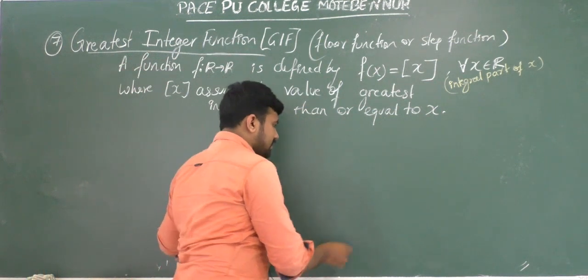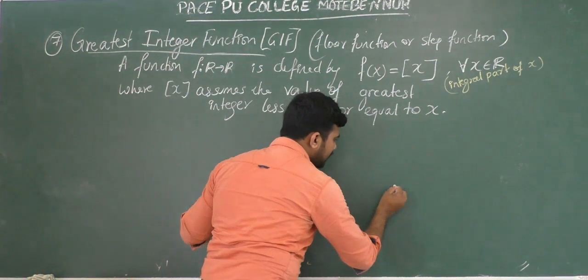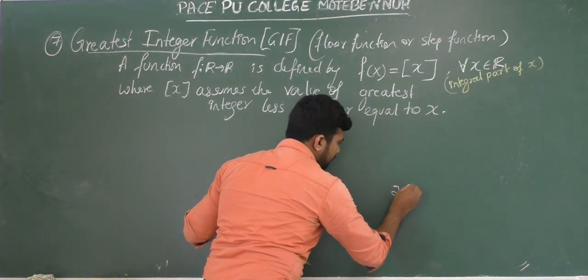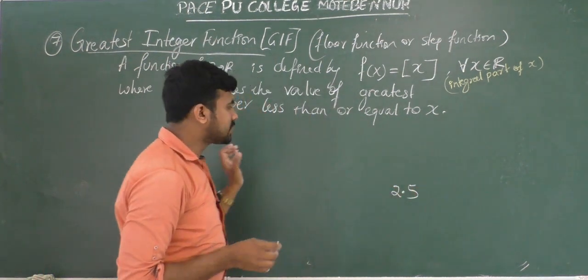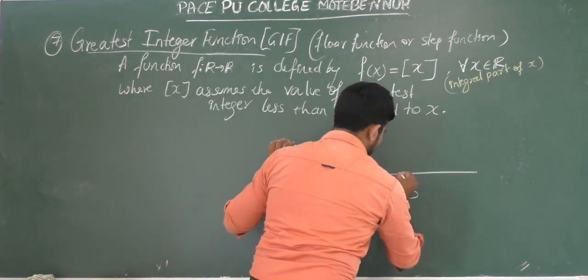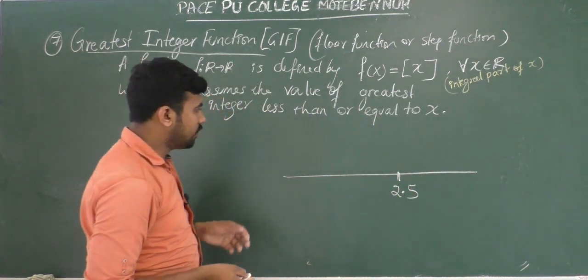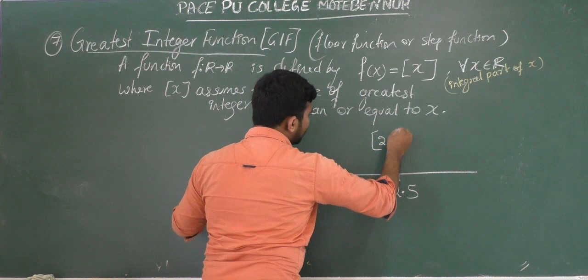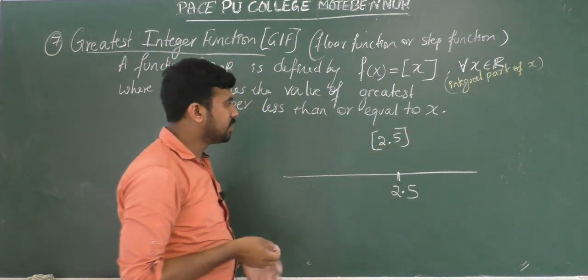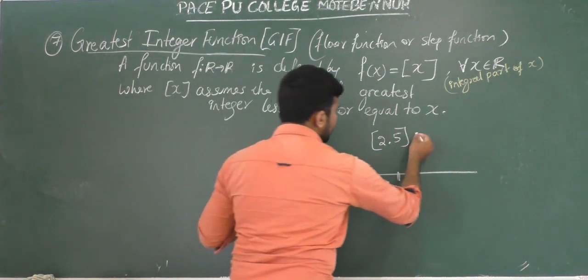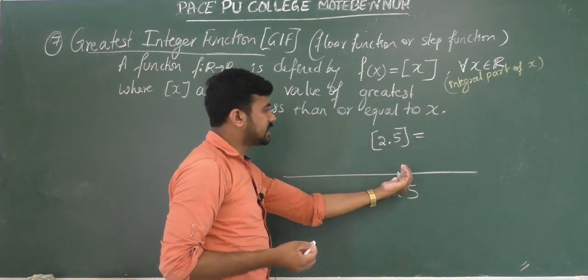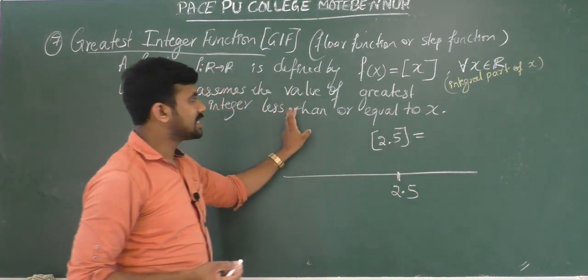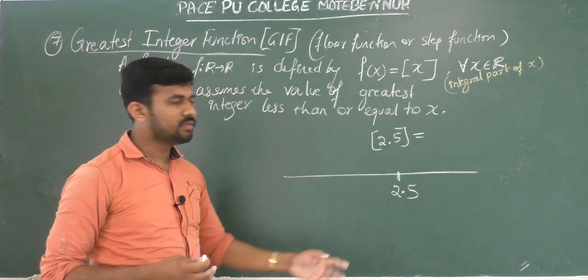For example, see, if you consider one number 2.5. 2.5 is a number on the real line. Now, to write the value of integral part of 2.5, its value is nothing but the greatest integer which is less than or equal to that number.